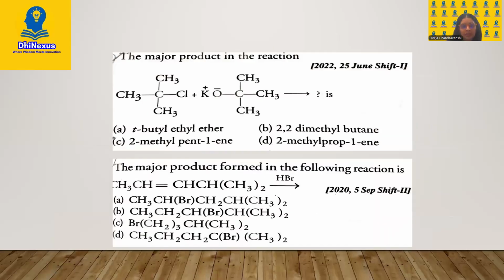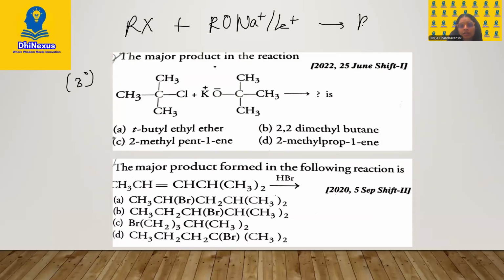A couple more questions. The major product in the reaction of this. So I have a tertiary alkyl halide, and this is an alkoxide, sodium or rather potassium alkoxide. If you remember, RX plus RONa, it can be Na or K. What will I get? Here it is a tertiary alkyl halide.